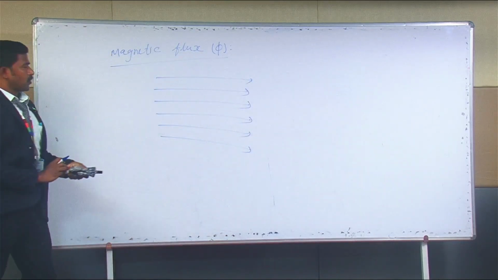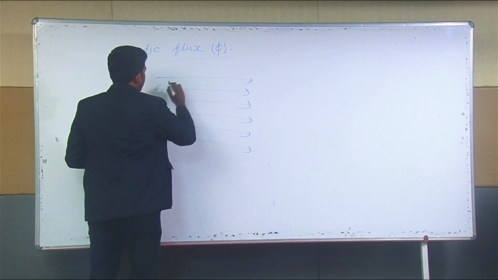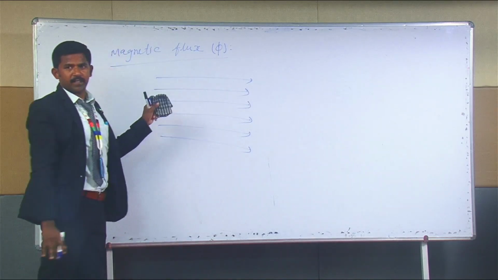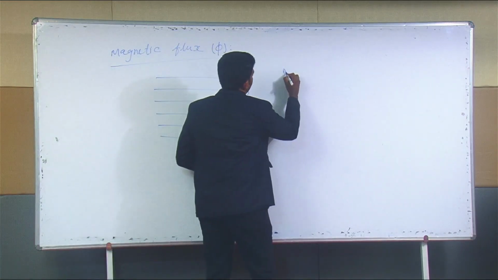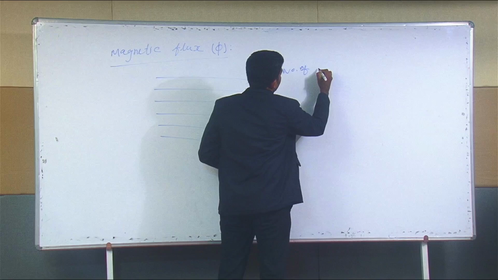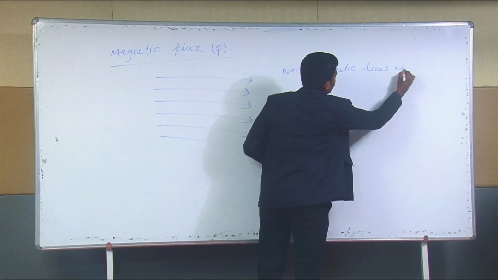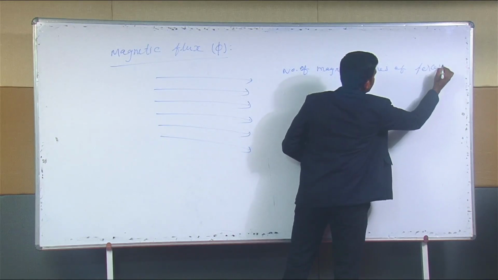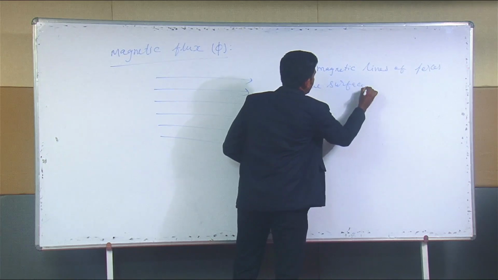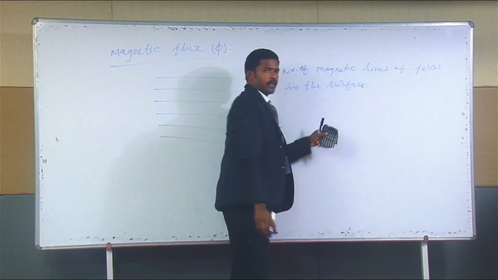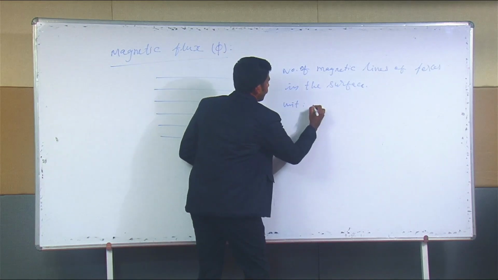The number of magnetic lines over the surface is called magnetic flux. The unit is Weber.